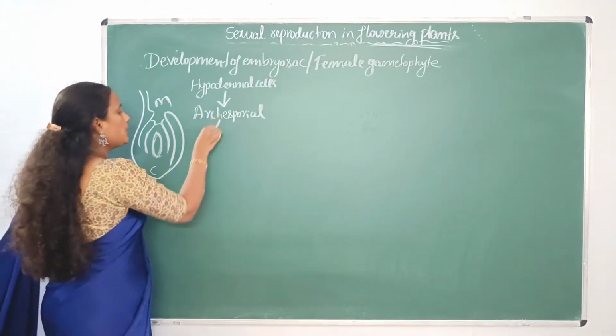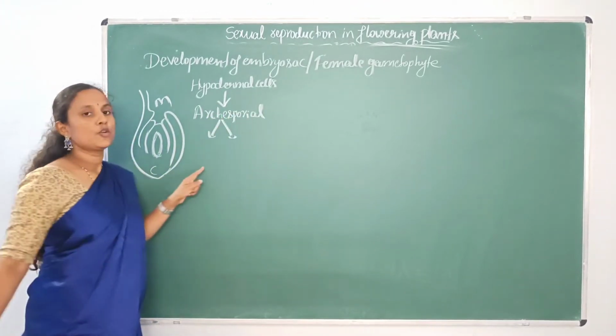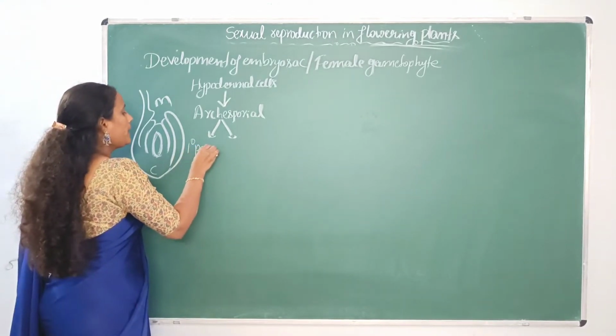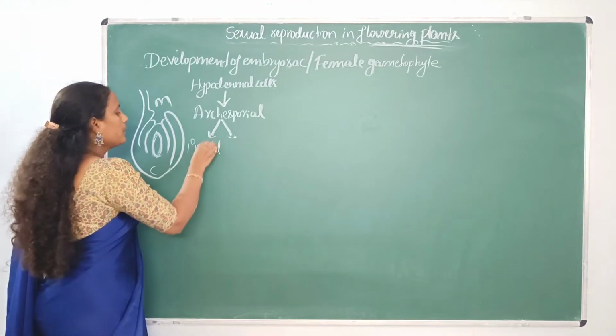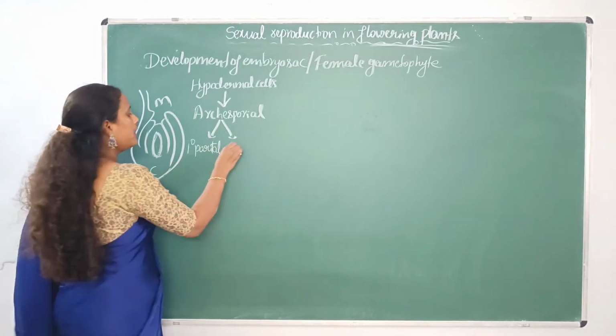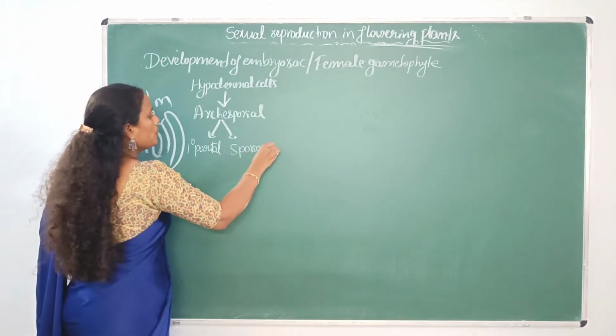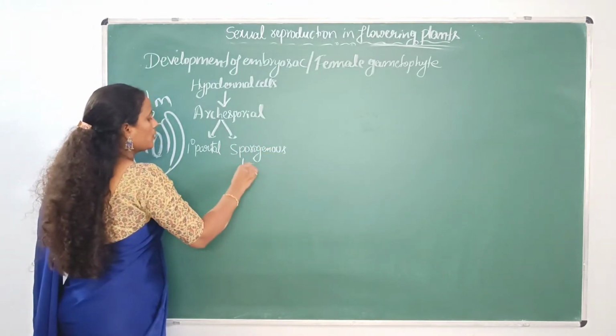Again, these archisporial cells differentiate into two types of cells, primary parietal cells and sporogenous tissue.